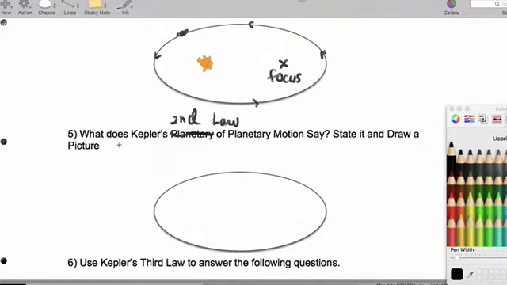So Kepler's second law says that planets sweep out equal areas in equal times.